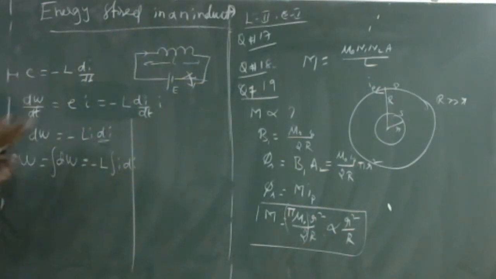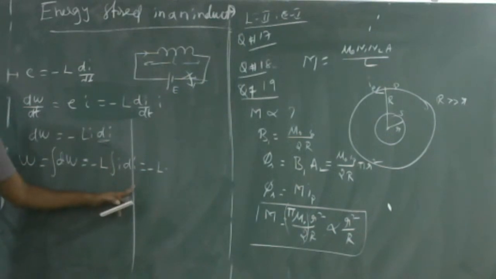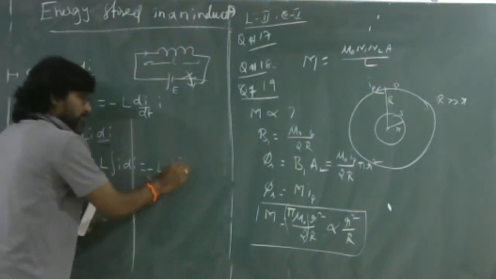When you make the circuit, the work done in the growth of current is given by W equal to minus L times the integral of I dI, which is nothing but I square by 2.